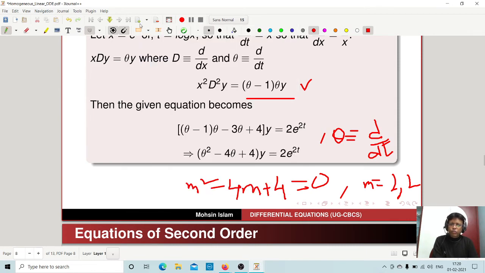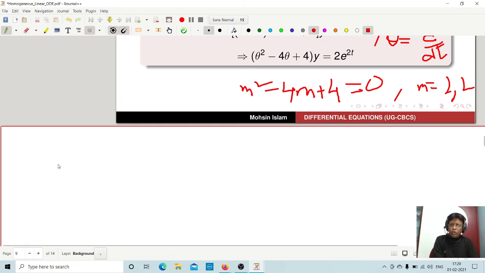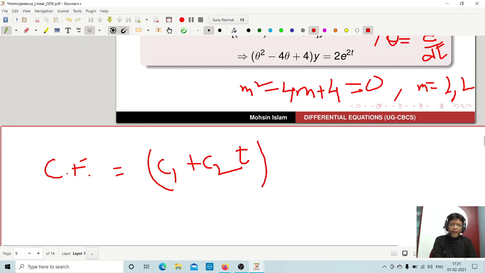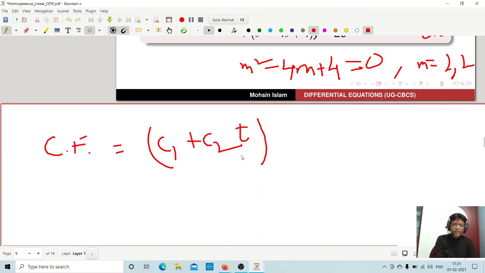It's a hint for you. So the complementary function in this case is c1 plus c2 t, because your operator theta is equivalent to d/dt, times e to the power 2t.